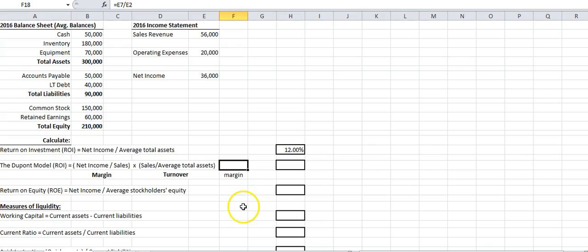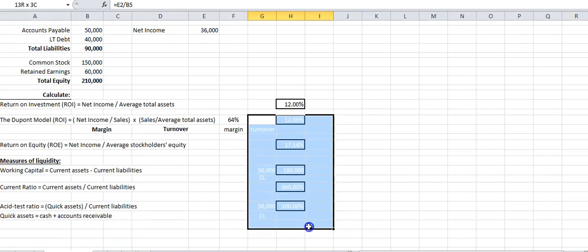So let's go ahead and calculate the margin ratio first. We'll do it up here. The margin is going to be equal to net income, which is over here, divided by sales, which is where's my sales? Over here, right? And that's going to give me this over here. Let me go ahead and delete all this so that I could do it from scratch.